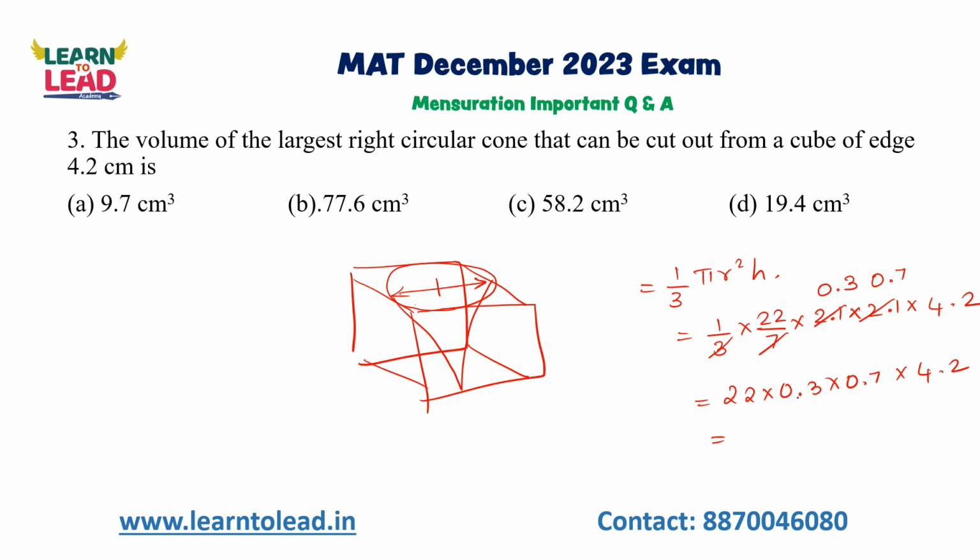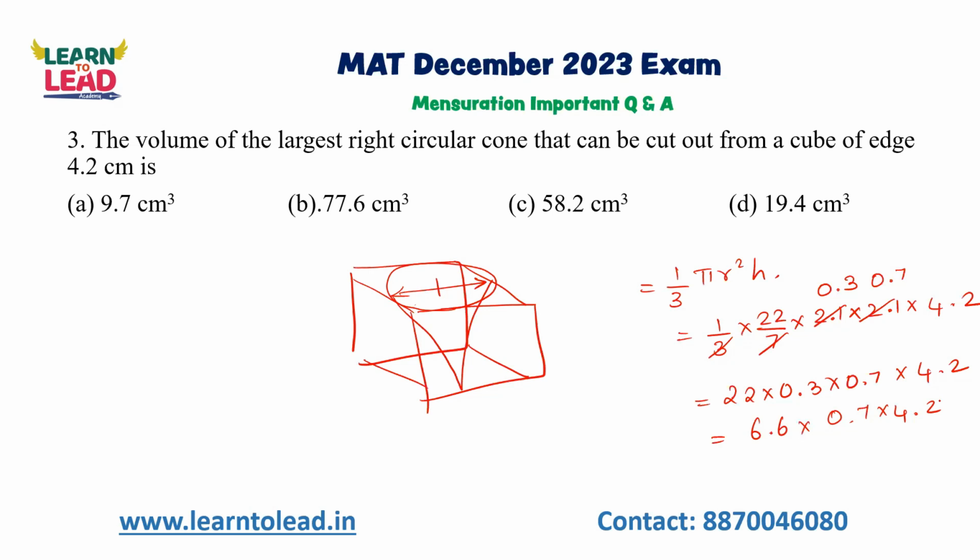So what is 22 into 0.3? 22 into 3 is 66. So 6.6 into 0.7 into 4.2. Okay, 6.6 into 0.7 into 4.2.